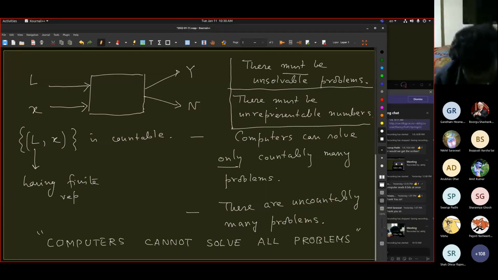There must be some numbers that we cannot represent in a finite amount of space. You add symbols, do whatever you want, but a finite representation means you are only addressing countably many numbers, and you are leaving out an uncountable subset of the real numbers.